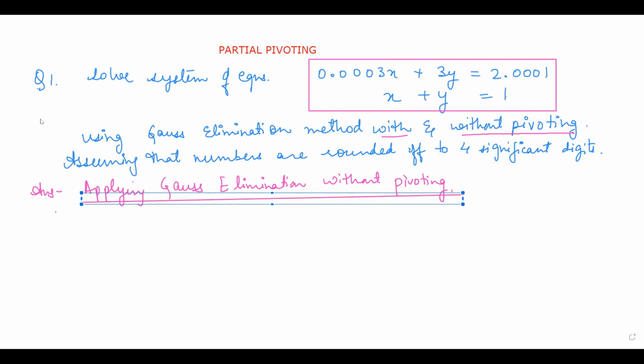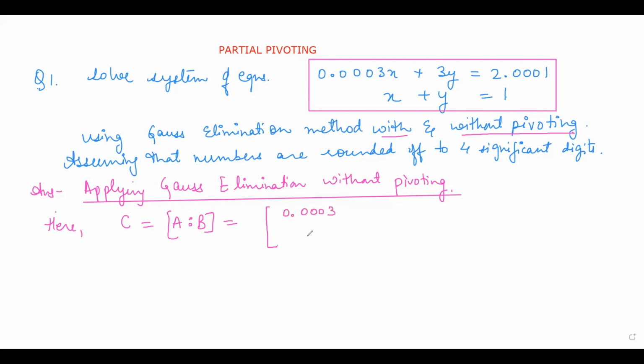So without pivoting, we'll first consider the augmented matrix. Here the augmented matrix is this, because we have two unknowns and two equations. Now, without pivoting means we'll be applying the normal Gauss elimination method.